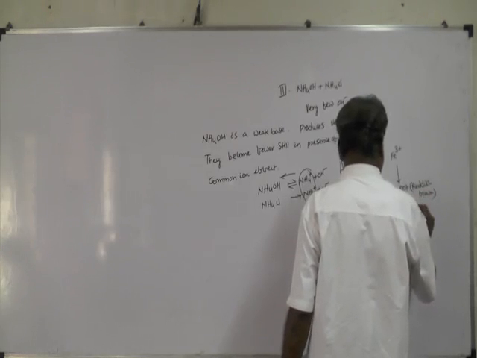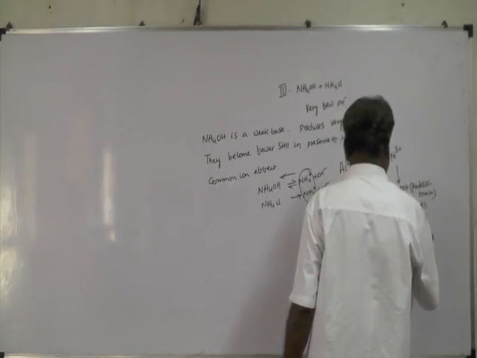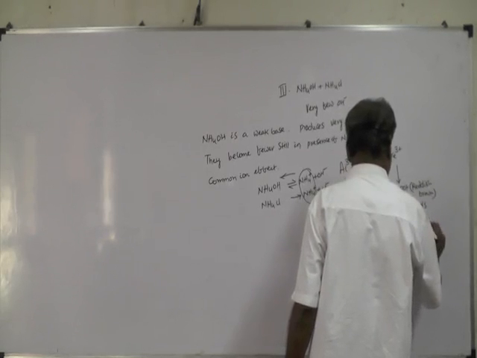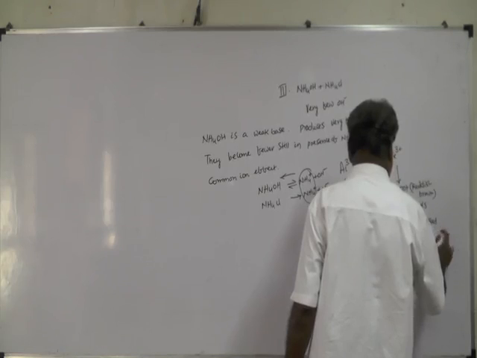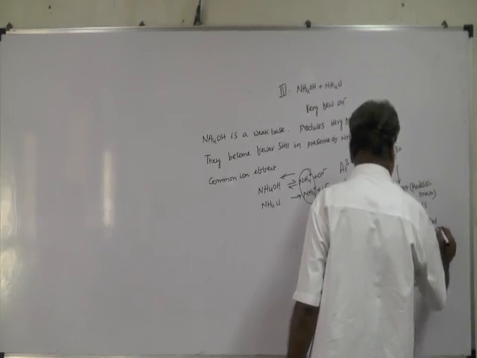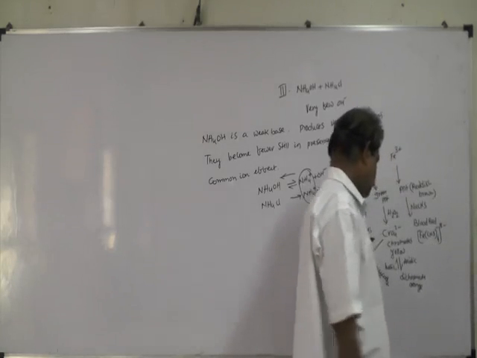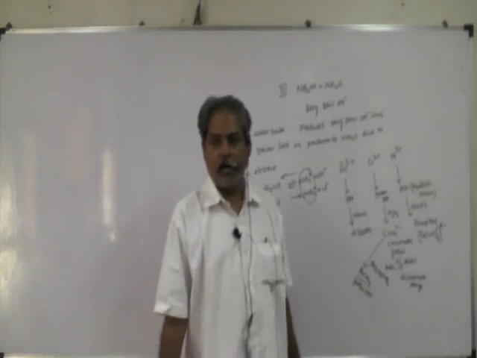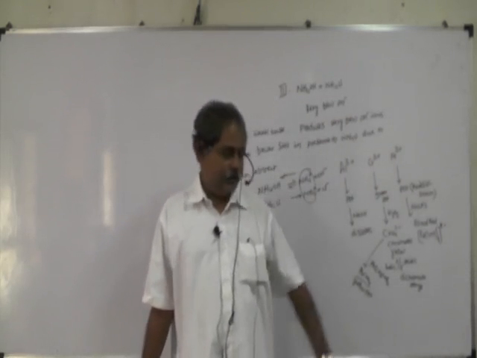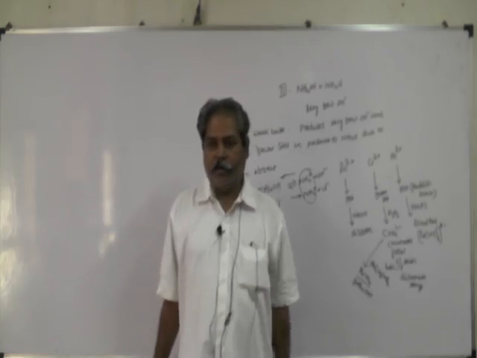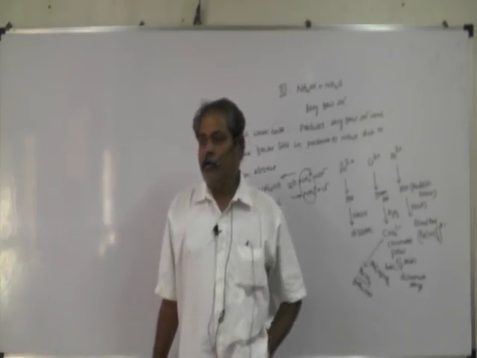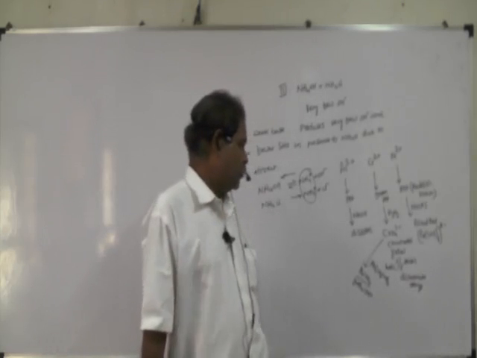And with NaCNS, you get blood red due to the formation of Fe(CNS)6 3-, hexathiocyanatoferrate(III).